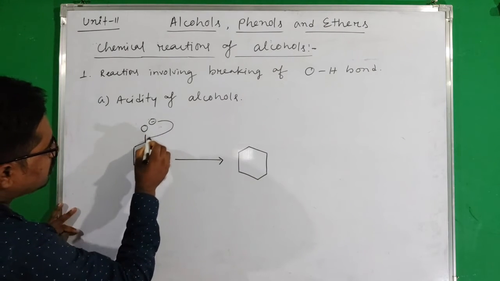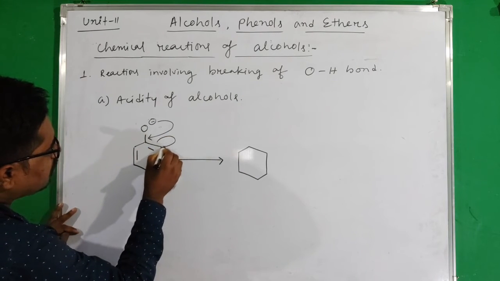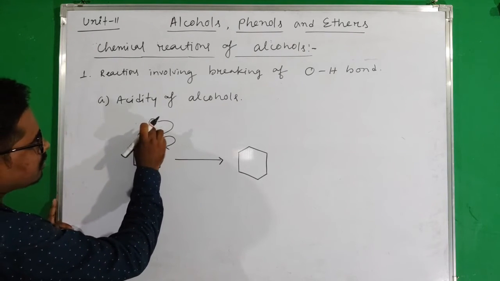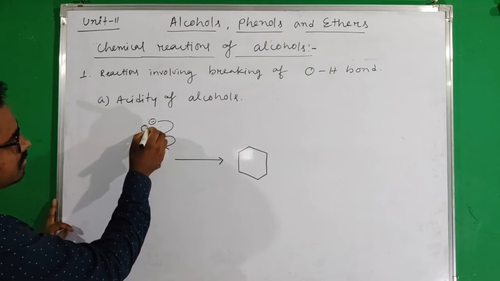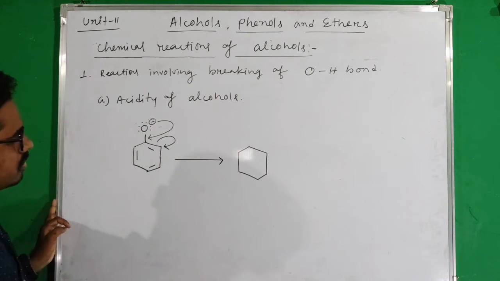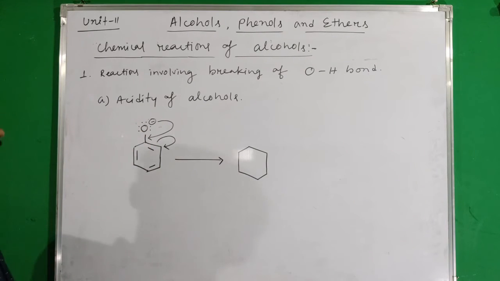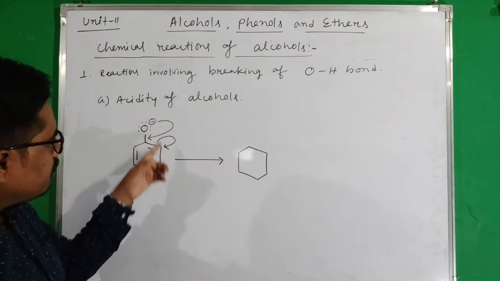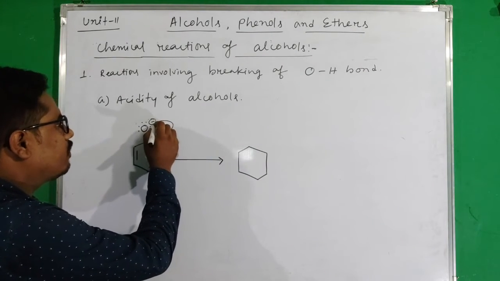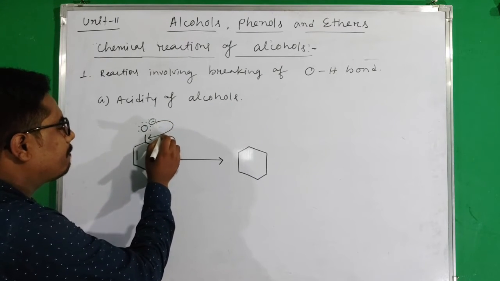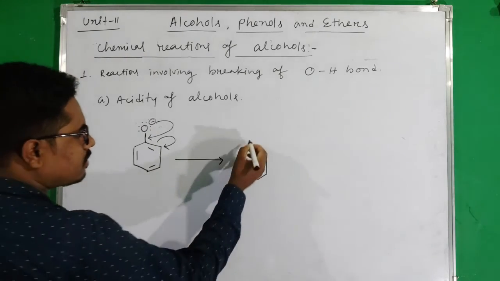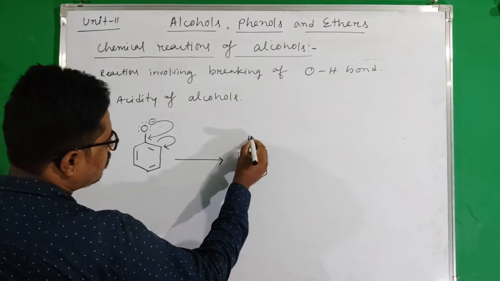About resonance you have studied in class 11. That means in this case, 3 lone pairs of electrons are present, and due to presence of an extra electron, negative charge will appear, and one lone pair will come in between the oxygen carbon bond, resulting in a double bond.